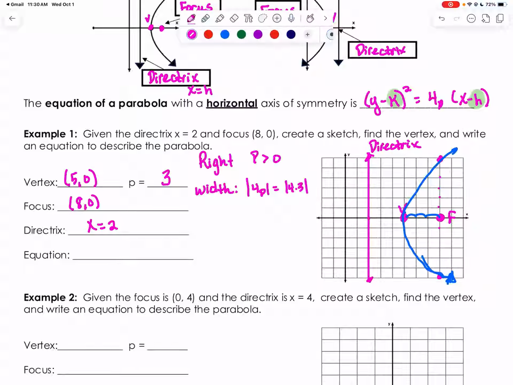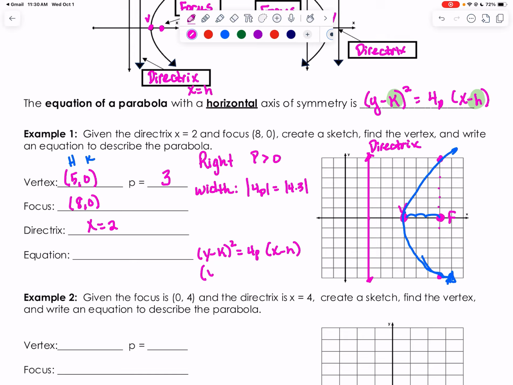Now, to get your equation, because this parabola opens to the right, I want to use this general formula. y minus k quantity squared equals 4p times (x minus h). So in this problem, our h is 5, our k is 0.